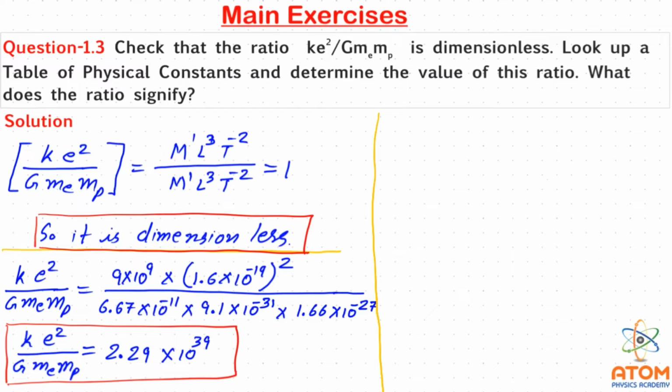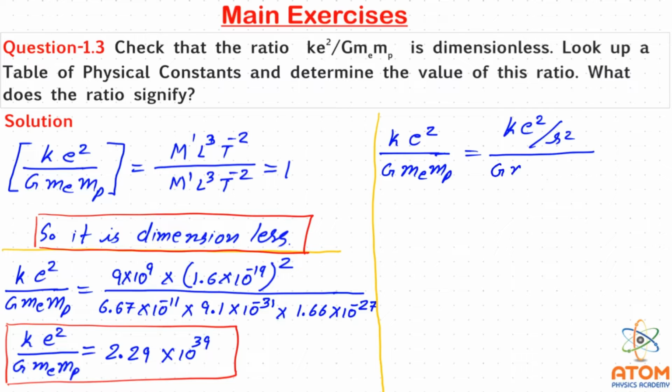See, this is k e square upon G me mp. So I can write this as k e square upon r square and G me mp upon r square.